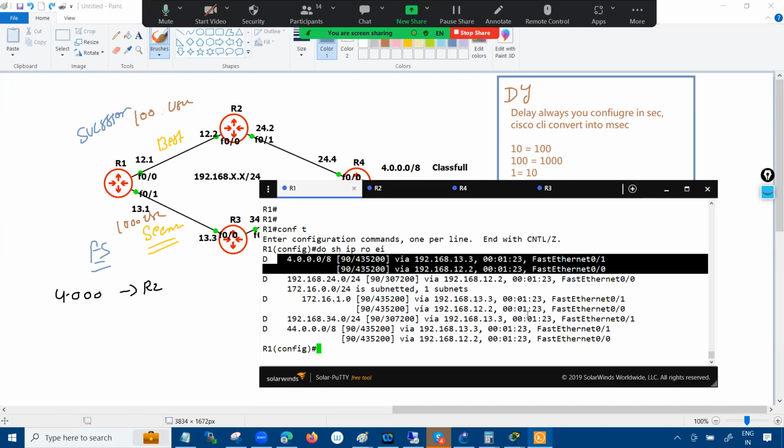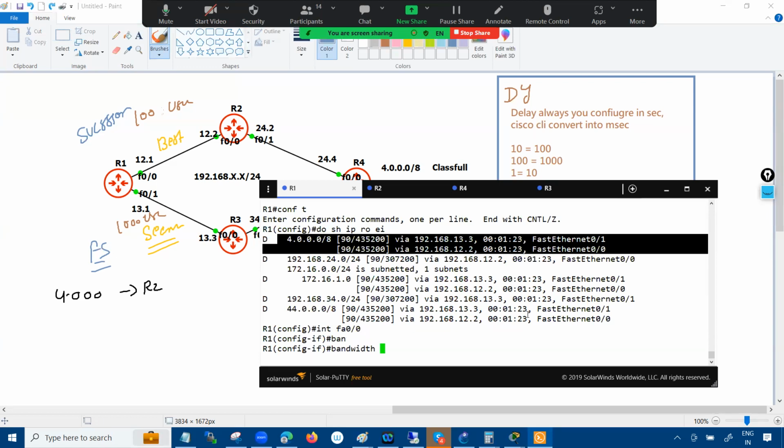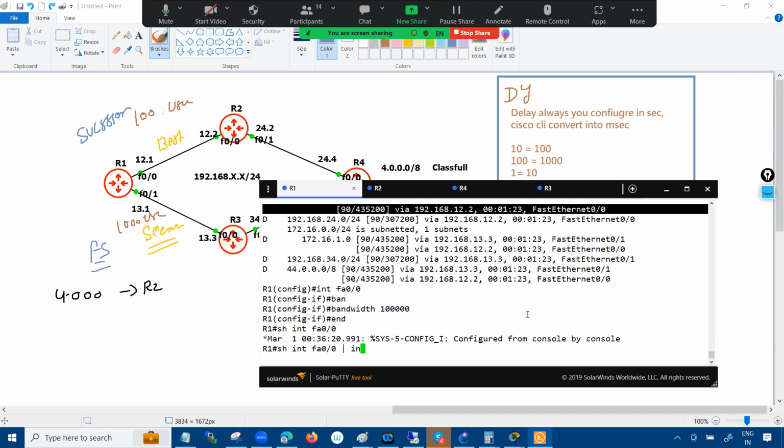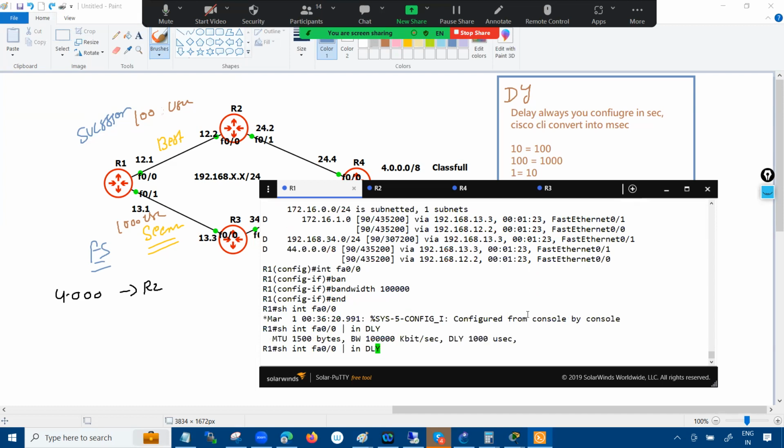Bandwidth. If you go on interface 0/0, the bandwidth is higher, right? The default is 10,000, and I'll make this one 1 lakh. So interface 0/0, and 0/1.